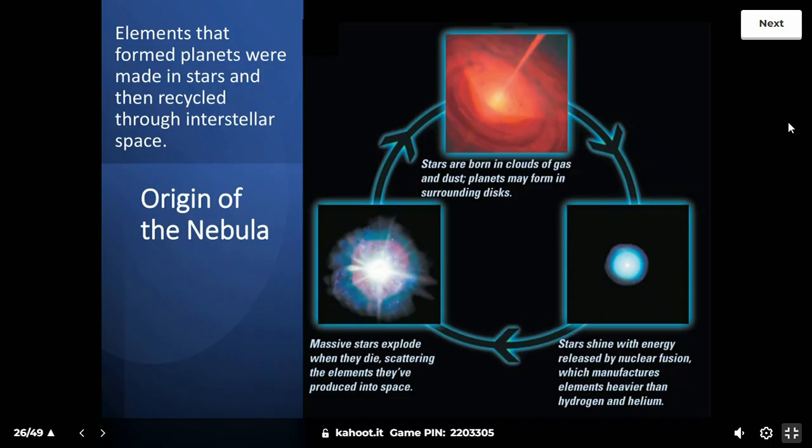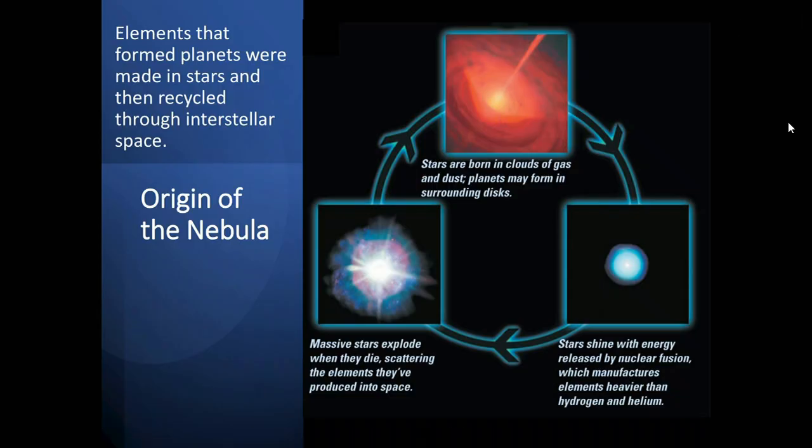So from this giant cloud of gas, the gas cloud will collapse. At the center of the gas cloud will become very hot and a star will form. That star will do nuclear reactions and release light into the universe.